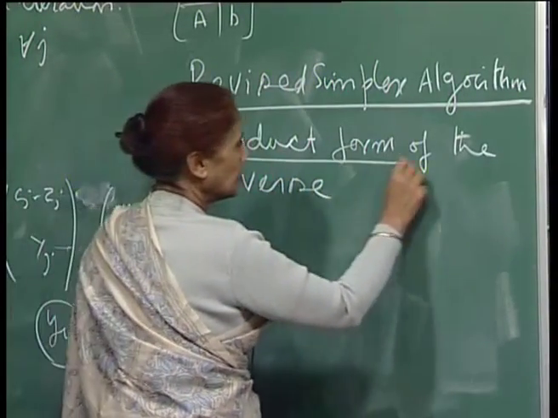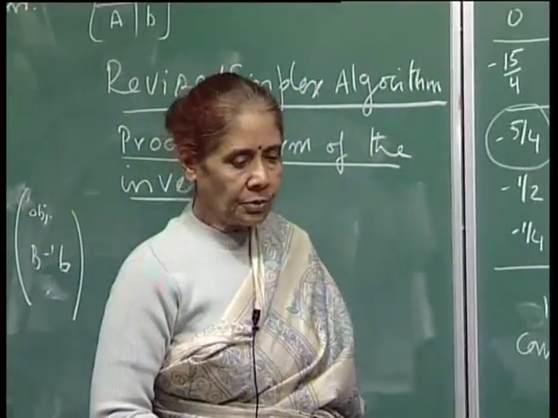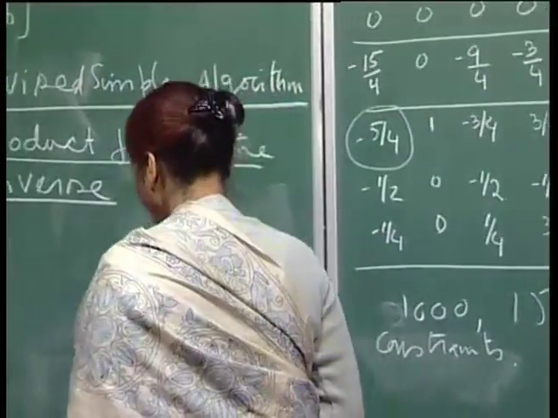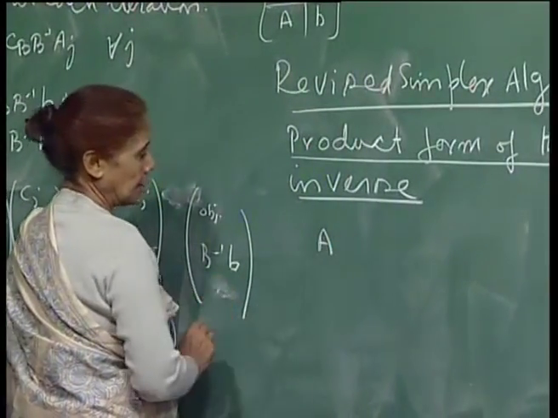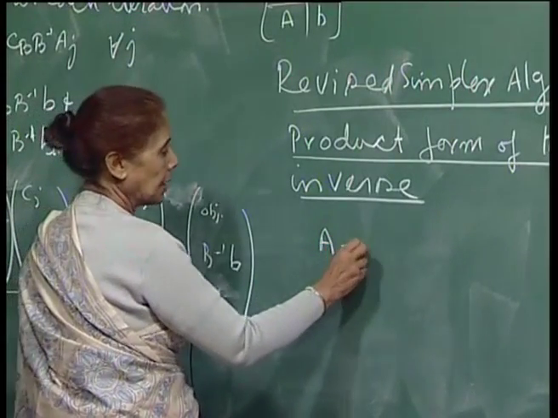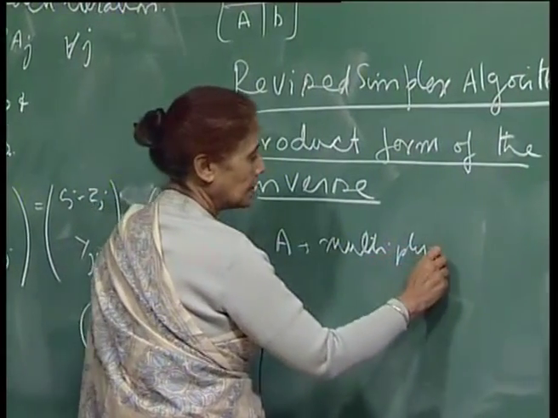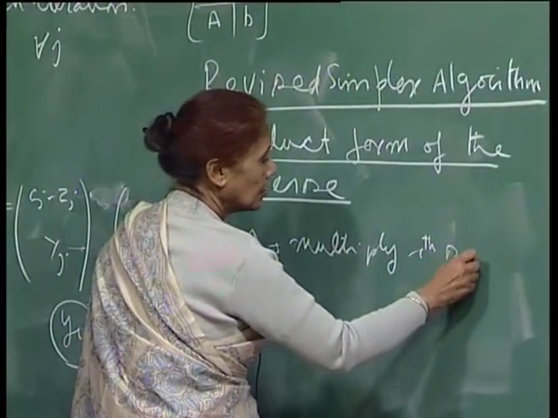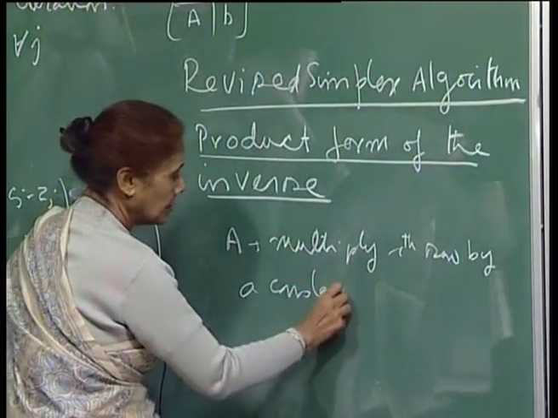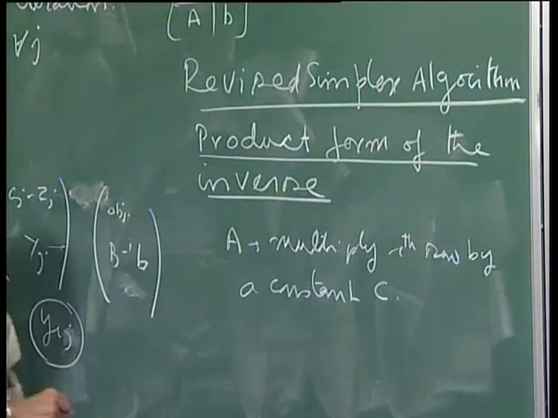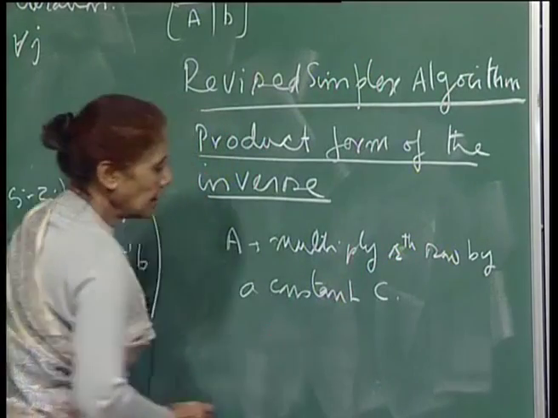Now here again, this is the same idea that I had introduced in the beginning, when I told you that when you do any row operations on a matrix, for example, if you take a matrix A, I want to multiply the rth row by a constant C, for example. So I just want to multiply the rth row of this matrix by a constant C.